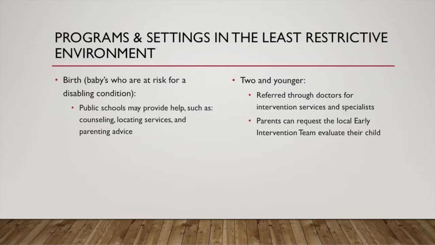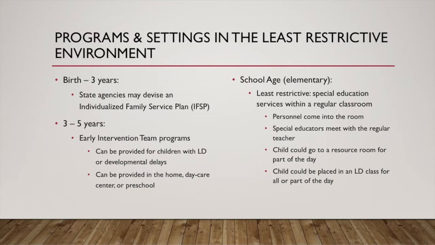Programs and settings in the least restrictive environment. So, birth: babies who are at risk for a disabling condition. Public schools may provide help, such as counseling, locating services, and parenting advice. And then 2 and younger. Kids who are 2 and younger are referred through doctors for intervention services and specialists. Parents can request the local early intervention team to evaluate their child.